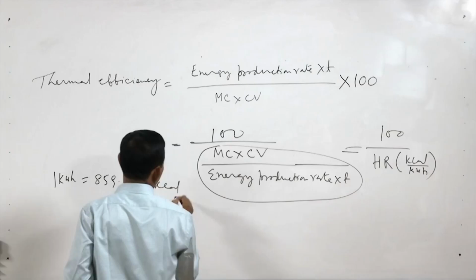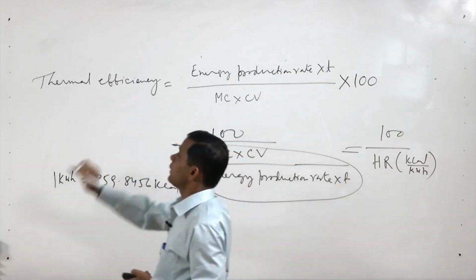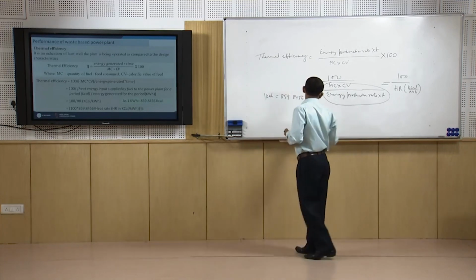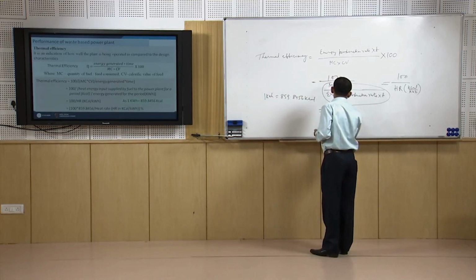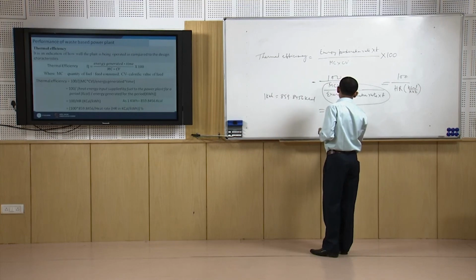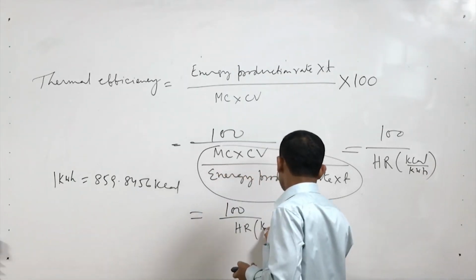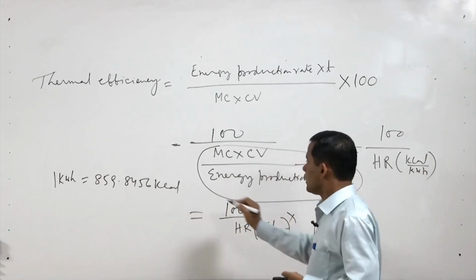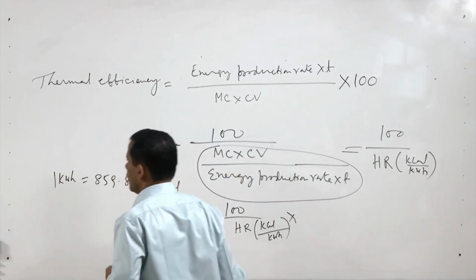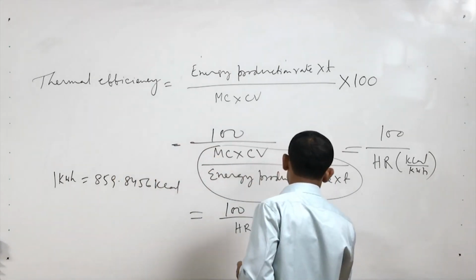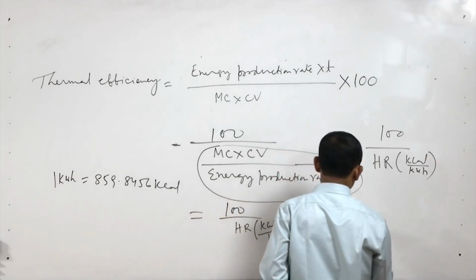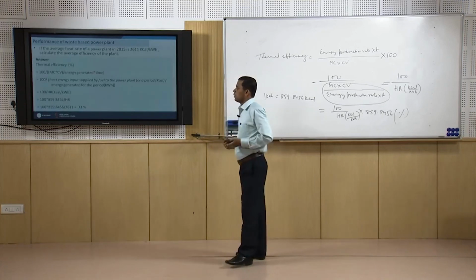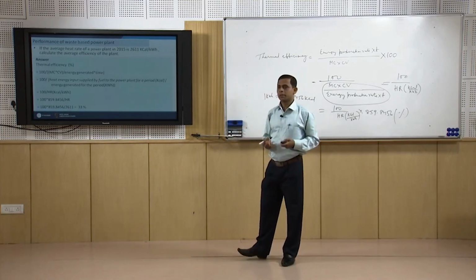Thus, if we want to get the thermal efficiency in terms of percentage from the heat rate, we can write it as 100 divided by HR in kilocalorie per kilowatt hour, into this conversion factor. So, that will be 859.8456 in percentage.